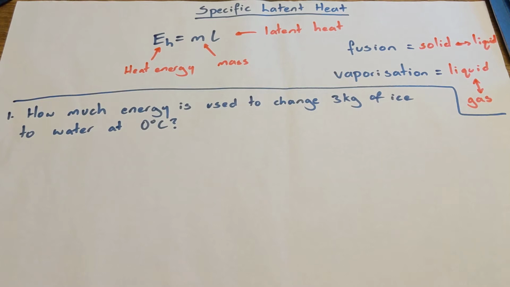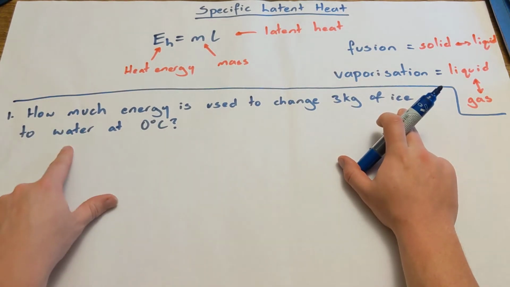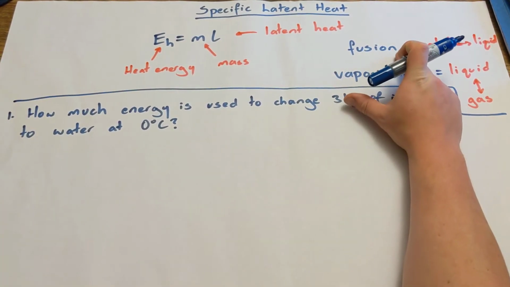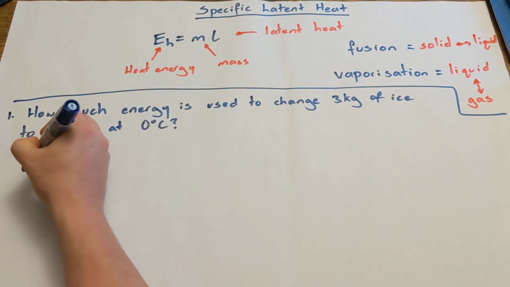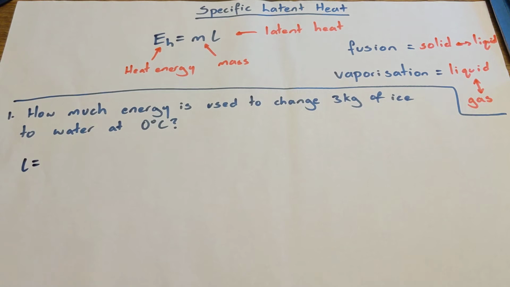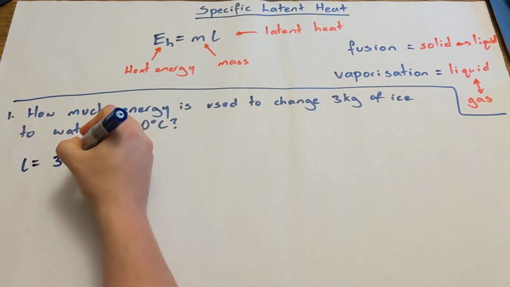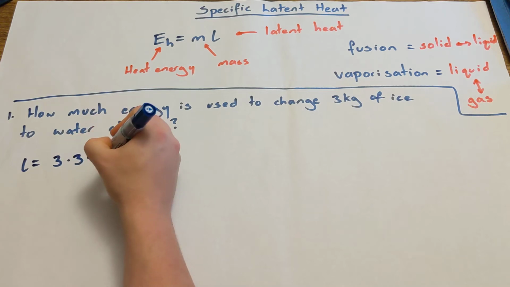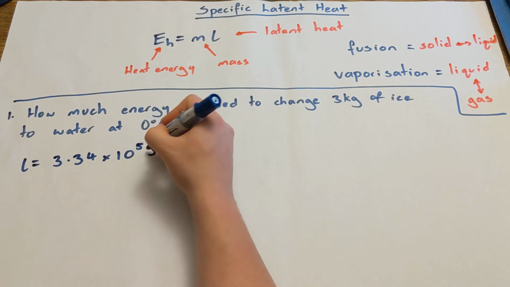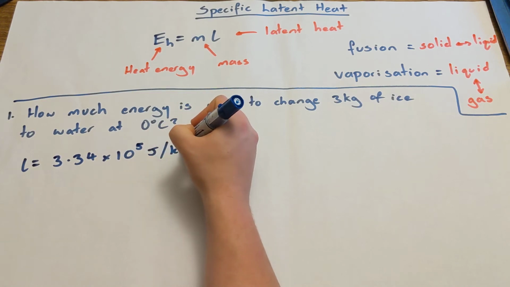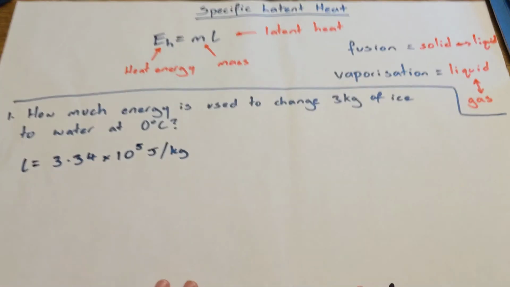Okay, so here we're going from solid ice to liquid water, so that means we're using fusion. Now, you'll find this on your data sheet, but the latent heat of fusion is 3.34 times 10 to the power of 5 joules per kilogram.